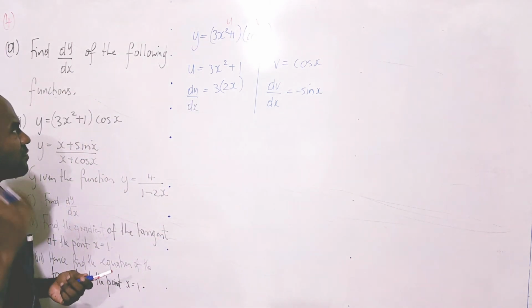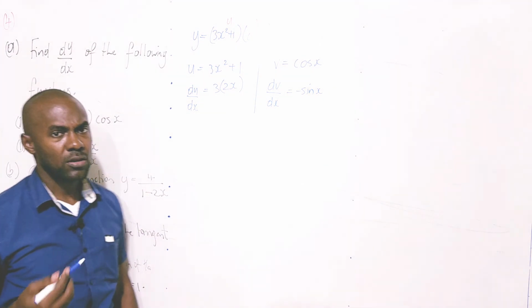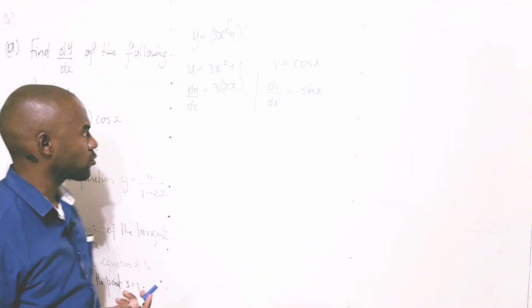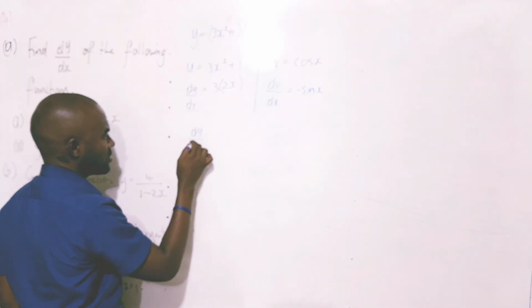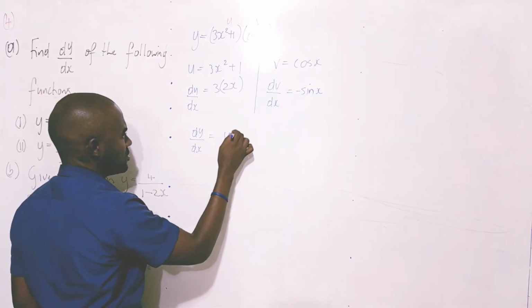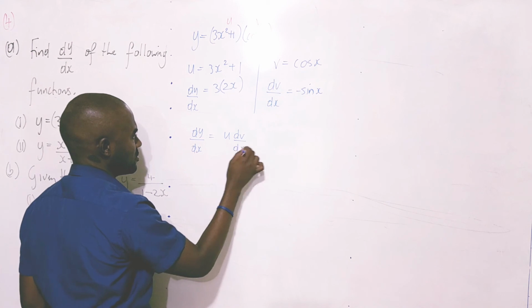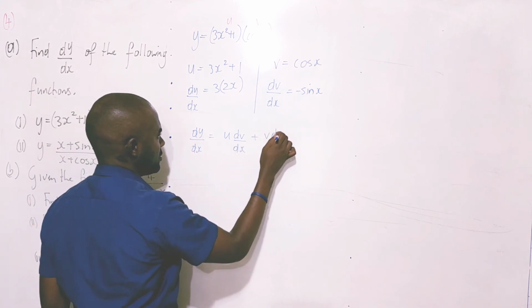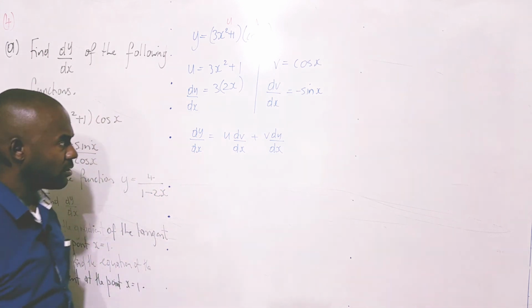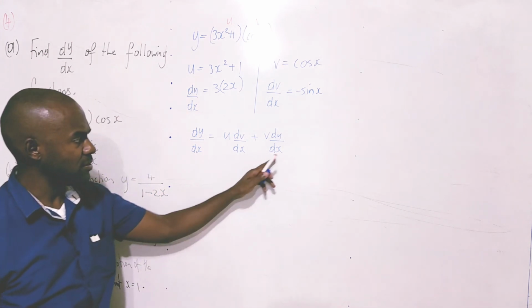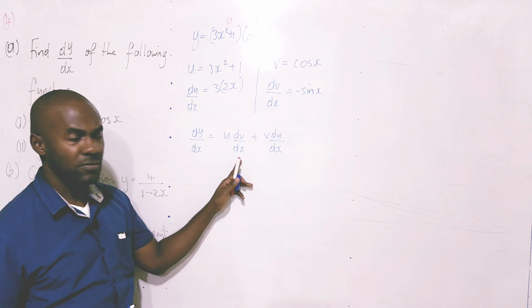So we found the derivatives of the two parts of the product, and now we basically have to apply the product rule. According to the product rule, dy by dx is equal to u dv by dx plus v du by dx. Now some people are used to writing it the other way around, v du by dx plus u dv by dx.